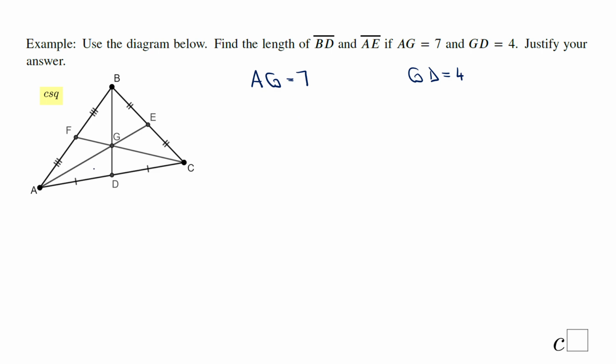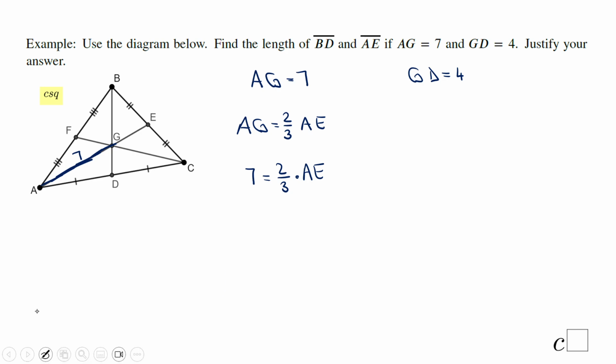AG is 7, so that will be this segment here. It's 7. So that AG, if you remember, is 2/3 of the whole median, which is AE. So now we have 7, that is how much AG is, equals 2 over 3 times AE. So what can we do to find AE here?